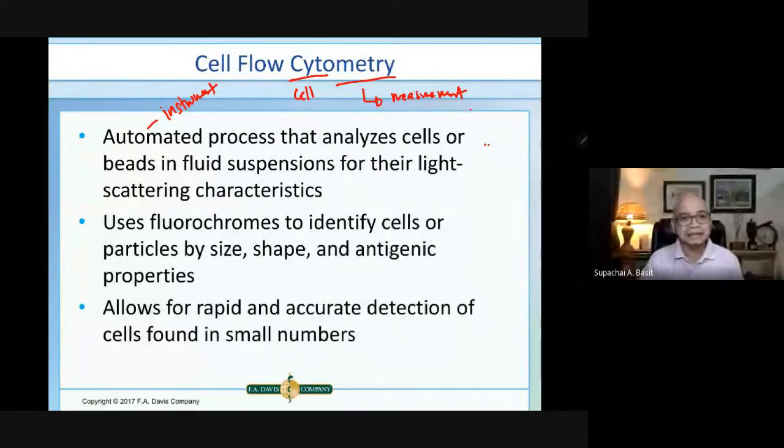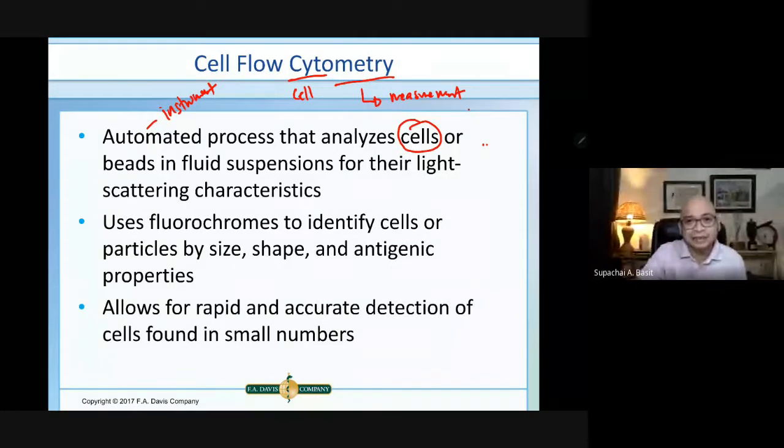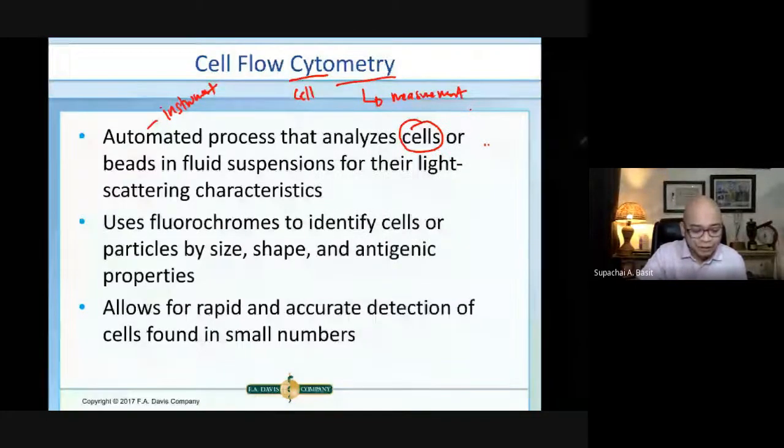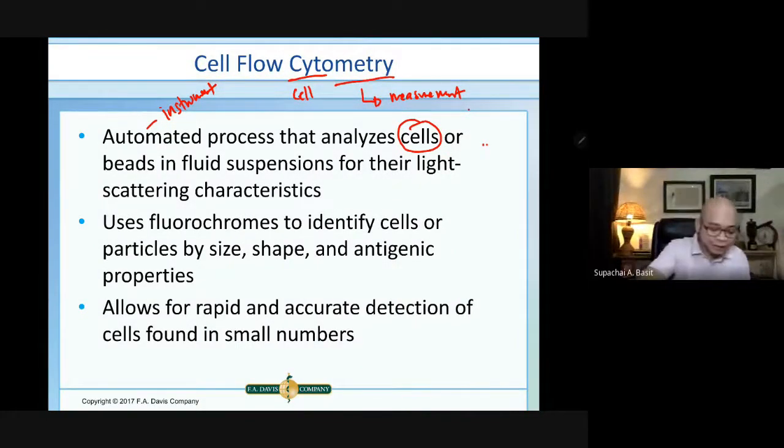can actually analyze cells. Okay, so you can analyze individual cells, or you can analyze beads. Sometimes you are using beads instead of cells, and these beads can be labeled, for example, with a fluorescent.